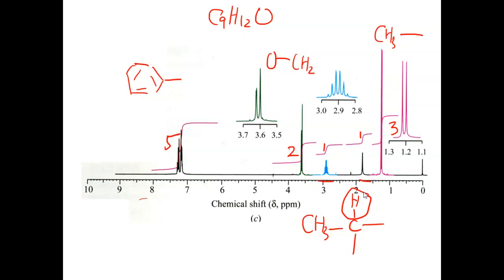So which signal is that proton? It's 2.9 ppm or the 1.8 ppm. Which one? You think this proton gives you this blue peak or this black peak? So this proton gives you this peak or this peak?